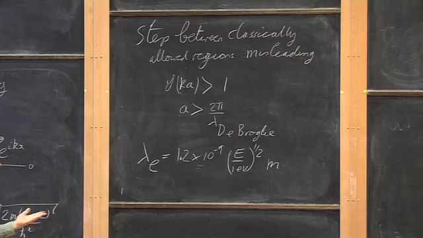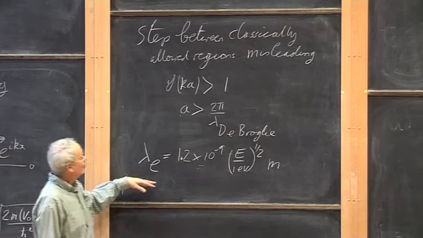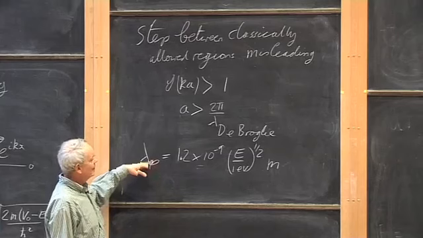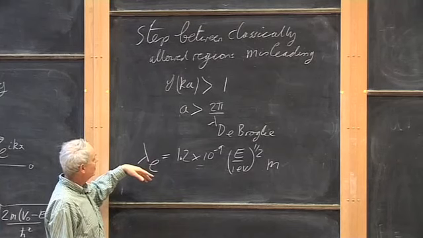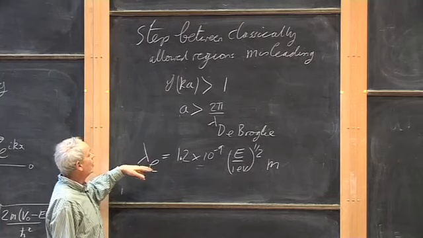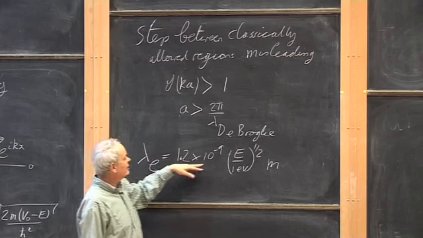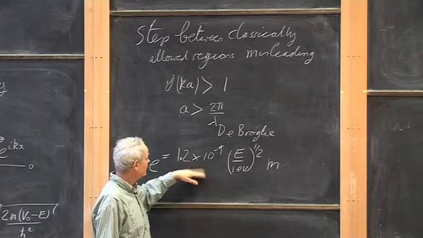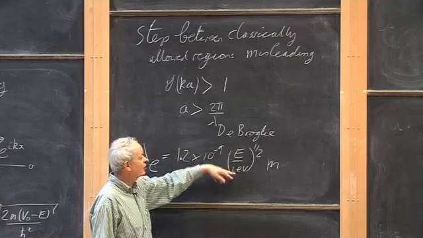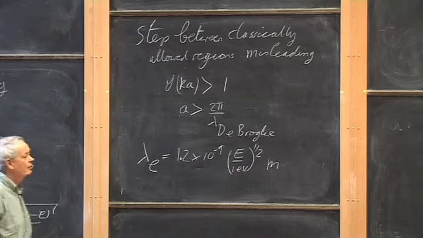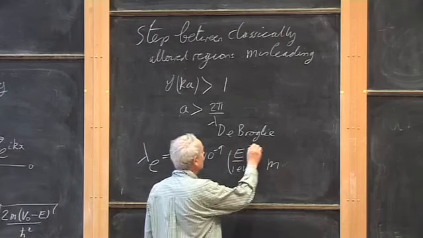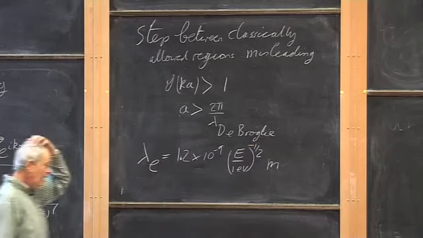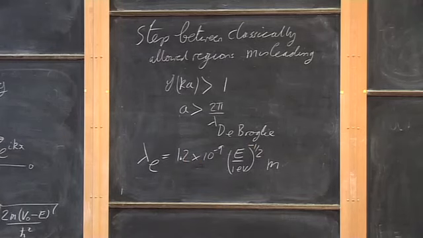People used to fire them around their homes even when they had cathode ray tubes. So it's a typical kind of particle you want to understand. Then the de Broglie wavelength is a nanometer or so times the energy in electron volts. Oops, that's a minus a half, isn't it? Because the higher the energy, the shorter the de Broglie wavelength.